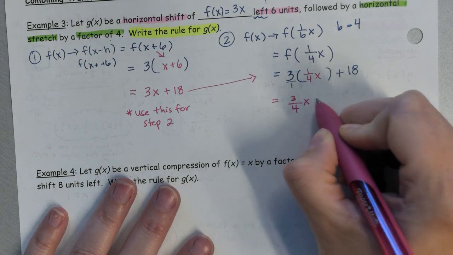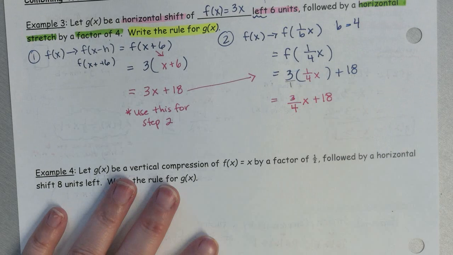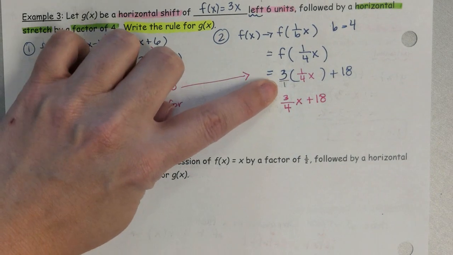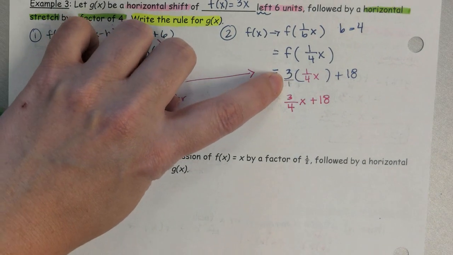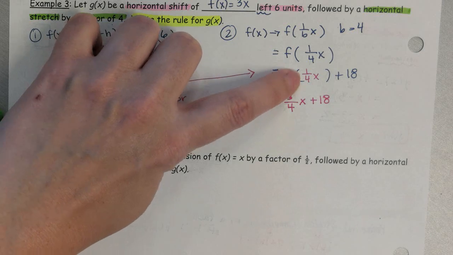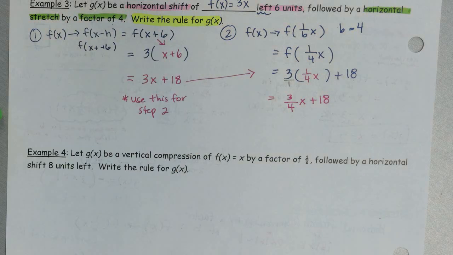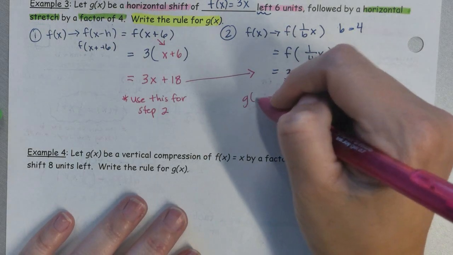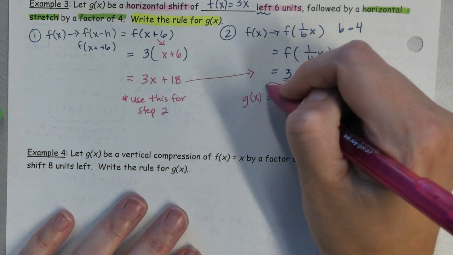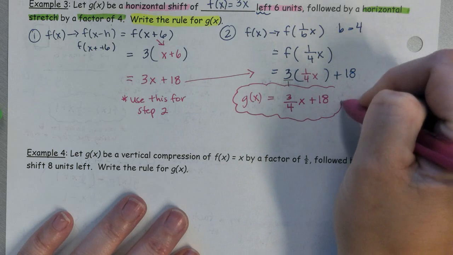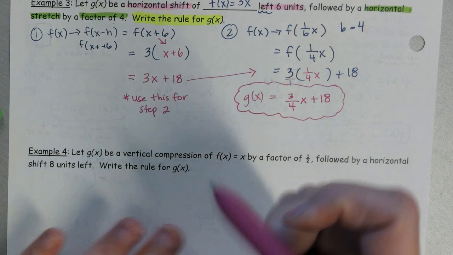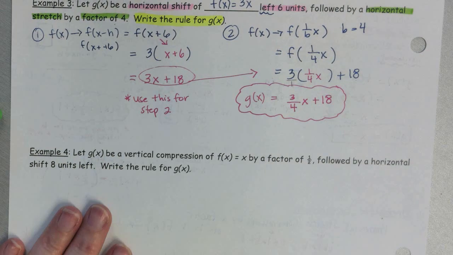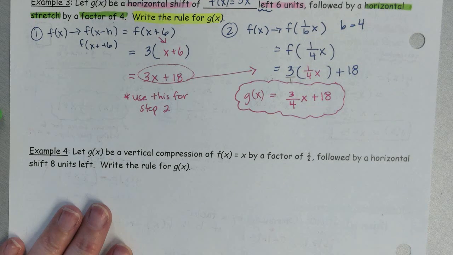So it's 3/4 x plus 18. Okay, so if you need to put that 1 underneath, okay, so you always multiply the whole number by the top. You can think of it as 3 over 1. And this is your g of x. So whatever you get in step 1, you use that equation as f of x for step 2.